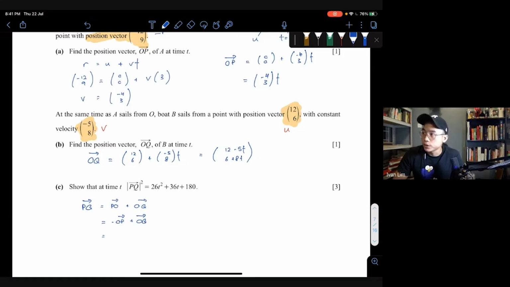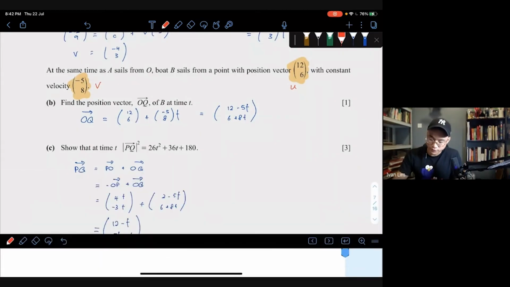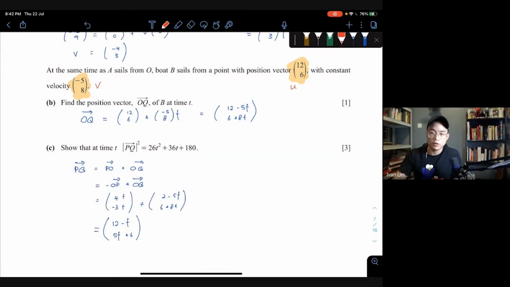Negative (-4, 3t), so it will be (4, -3)t, plus OQ, (12 minus 5t, 6 plus 8t). Then we join both together and you will get (12 minus t, 5t plus 6).